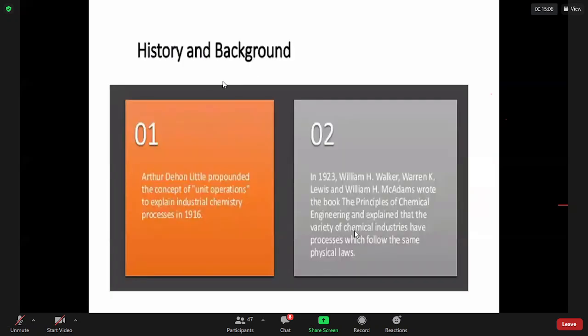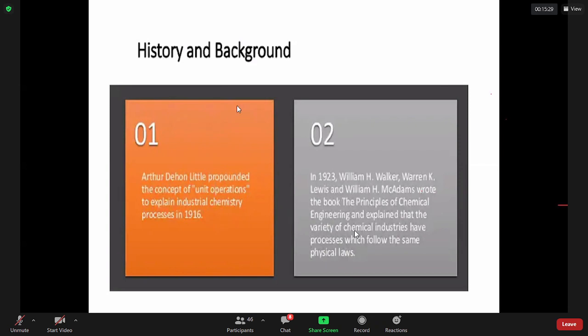So the history and background, you'll be able to know how it began, why it is so much emphasized in pharmaceutical engineering, and all those things. You can even go and Google some of these things here.